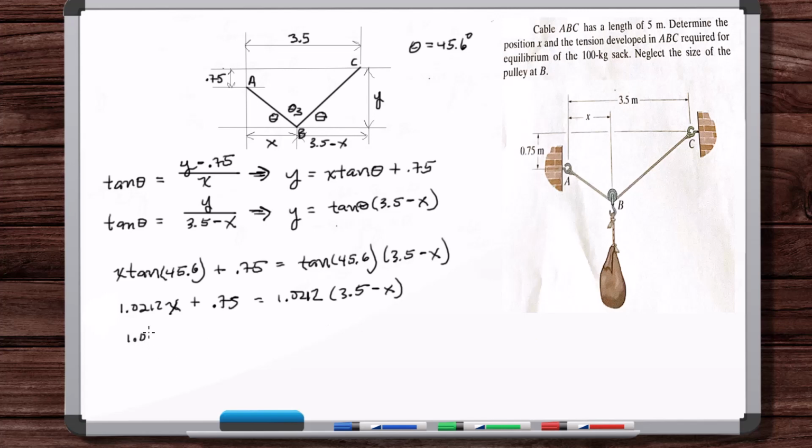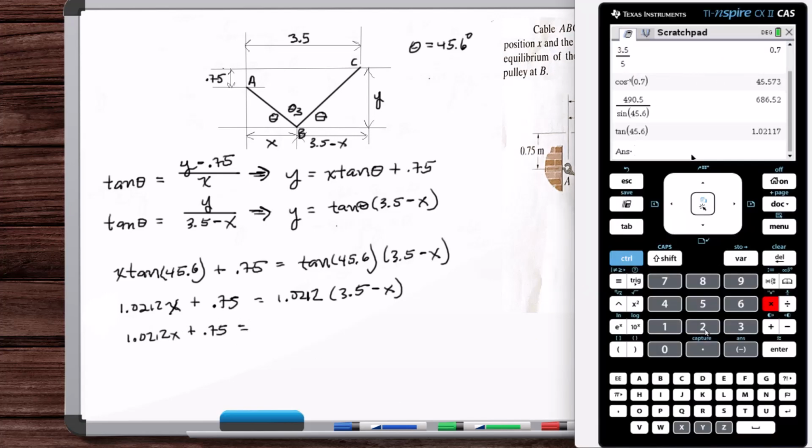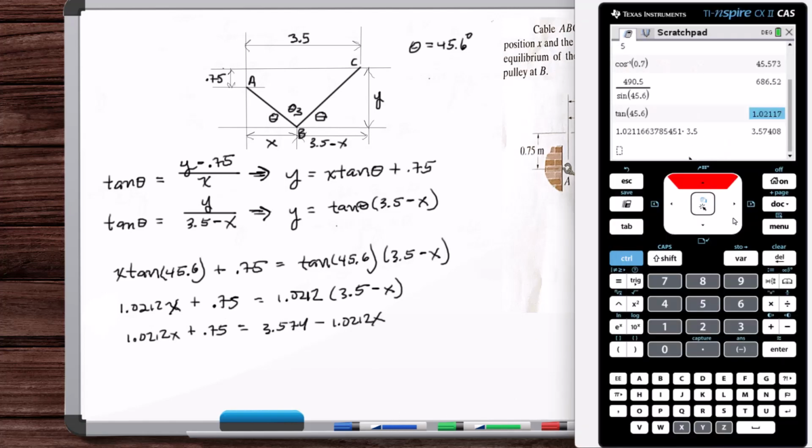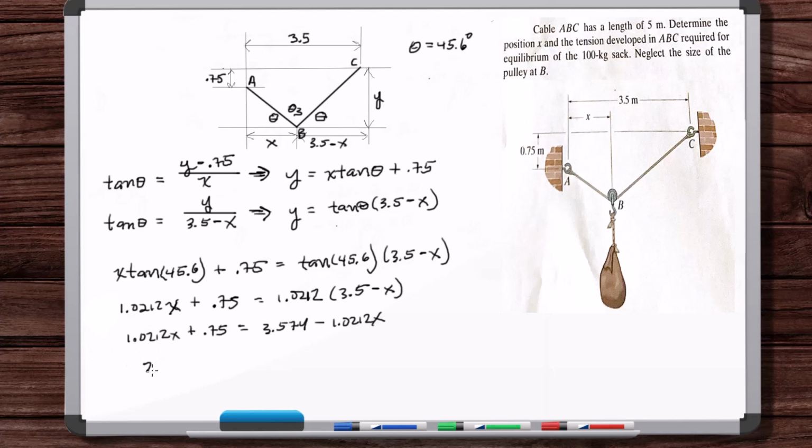Okay, so let's simplify. 1.0212x plus 0.75 is equal to 1.0212 times 3.5, which is 3.574. Okay, so now let's add 1.0212x to both sides, and we get 2.0423x plus 0.75 is equal to 3.574.